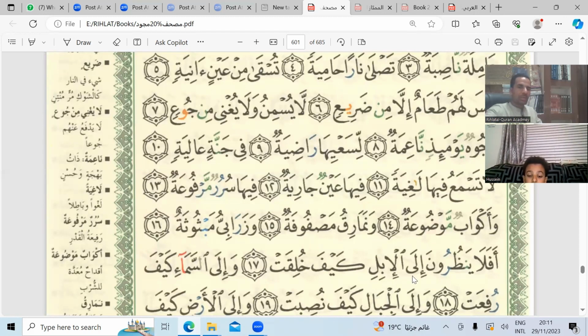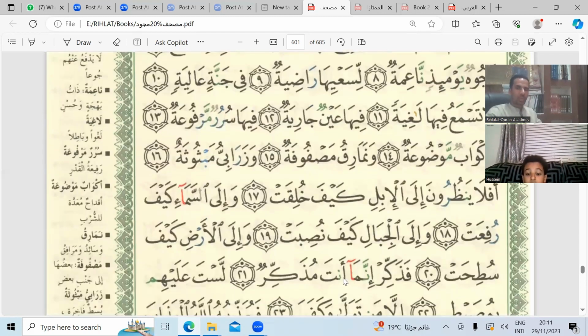Last part. Allah subhanahu wa ta'ala in the surah mentioned how he creates things. أفلا ينظرون إلى الإبل كيف خلقت. Ibil is the camel.